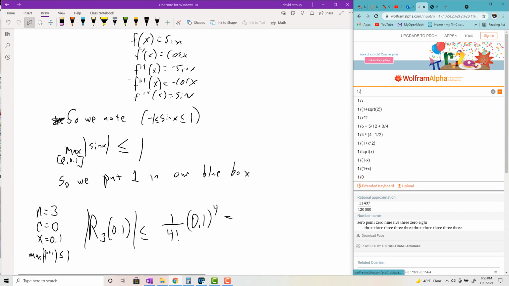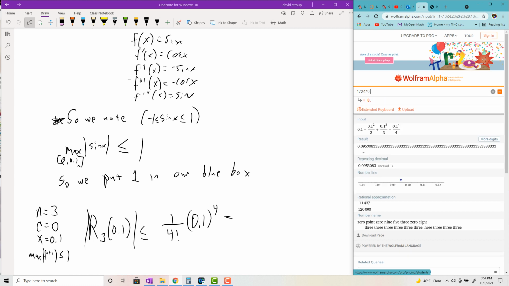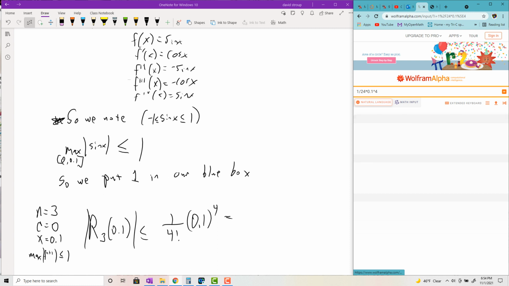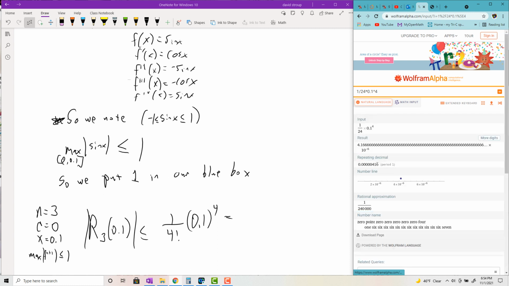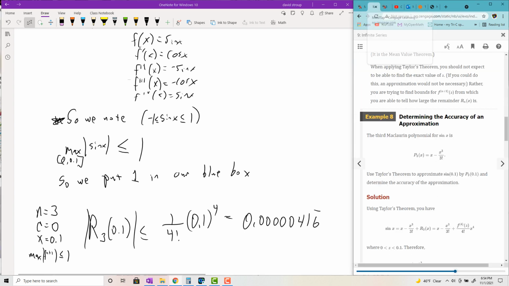So 1 all over, what is 4 factorial? 4 times 3 is 12, times 2 is 24, times 0.1 raised to the 4th power. Of course, it's going to give me something I don't want: 0.000004166 repeating.